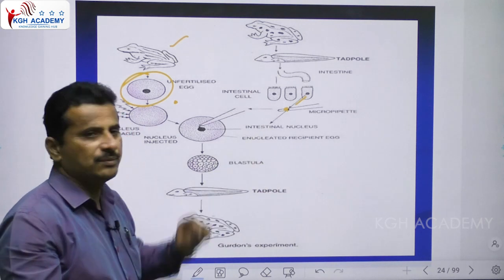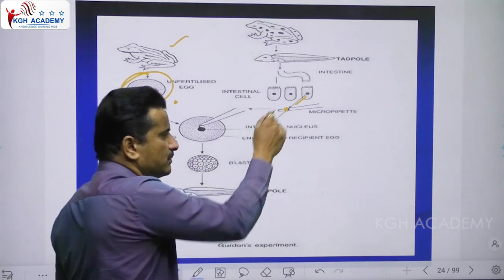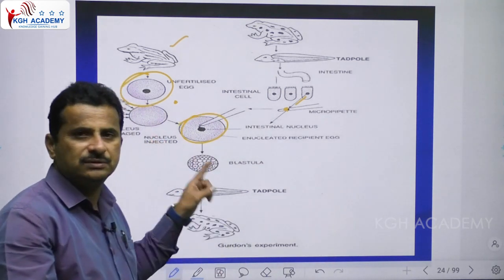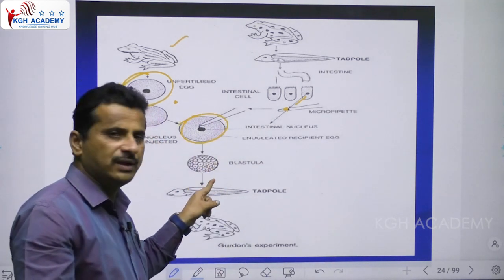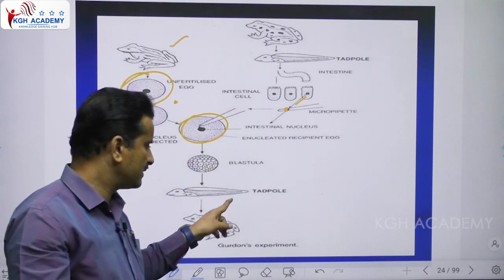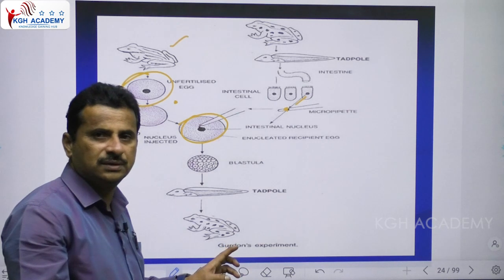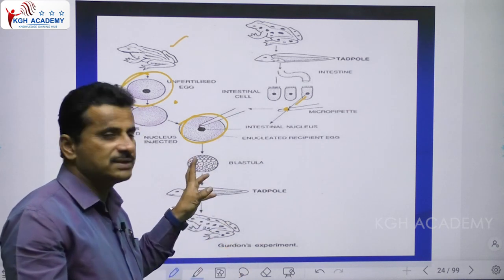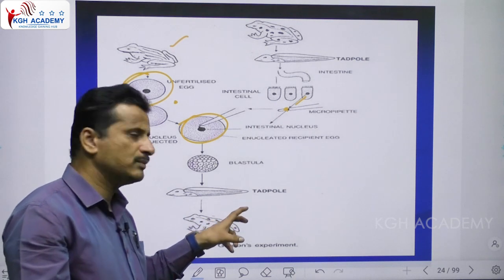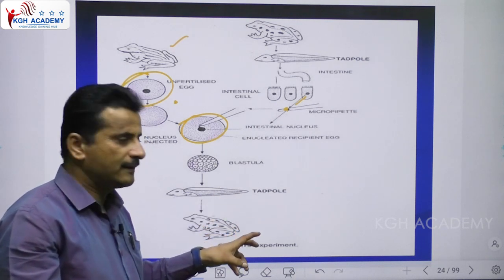With the help of a micropipette, they introduce this body cell nucleus into the egg, and now this becomes a zygote, converted to an embryo. The embryo then becomes a frog tadpole larva, then a frog. This way, by using the SCNT technique, John Gurdon developed a frog tadpole larva or frog.